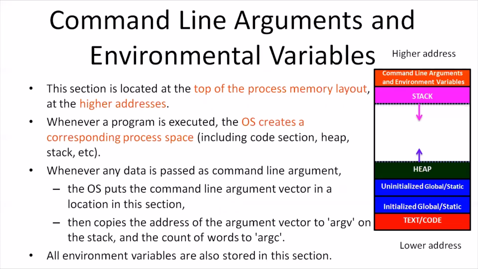Whenever a program is executed, the OS creates a corresponding process space including the code section, the heap, the stack, etc. Whenever any data is passed as a command line argument, the operating system puts the command line argument vector in a location in this section and then copies the address of the argument vector to argv on the stack and the count of words to argc. All other environment variables are also stored in this section.